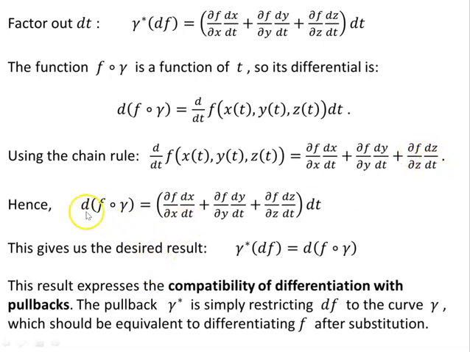So the total differential, exterior derivative of f composed of gamma, is this object with the dt on the end. That looks familiar because we've already found that up here. That gives us the desired result: the pullback of df under gamma is equal to the exterior derivative of f composed of gamma. This result expresses the compatibility of differentiation with pullbacks. The pullback gamma star is simply restricting df to the curve gamma, which should be equivalent to differentiating f after substitution.